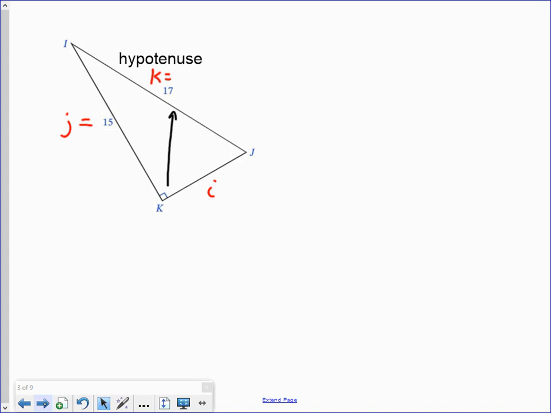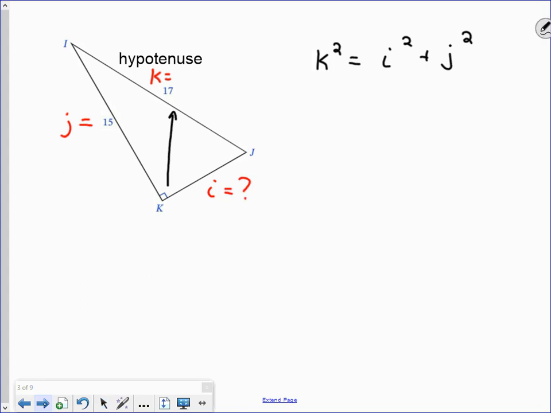Our Pythagorean theorem is going to be that our hypotenuse squared, so k squared, is i squared plus j squared. The one that we don't know here is side i, so that's the one that we're going to want to solve for.